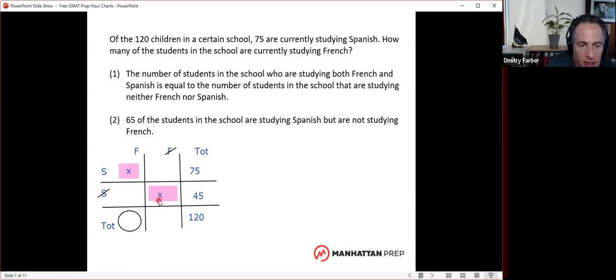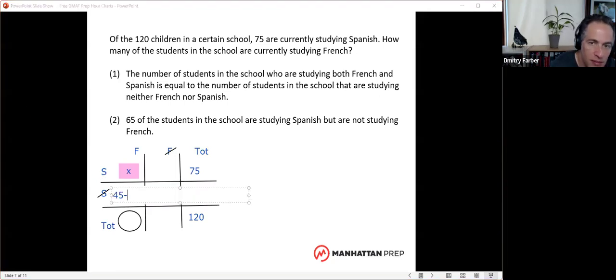If this number were 10, if there were 10 kids who didn't study either language, and there are 45 total kids who didn't study Spanish, then the rest of the kids in this group at least studied French. So here I can call this 45 minus X. Okay, but if I can call that 45 minus X, wait a second, X plus 45 minus X, the X's cancel. This is 45. Huh, this is actually sufficient.